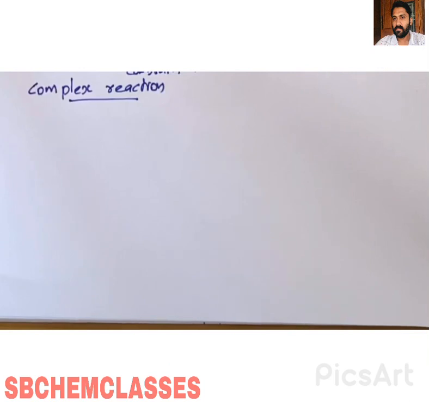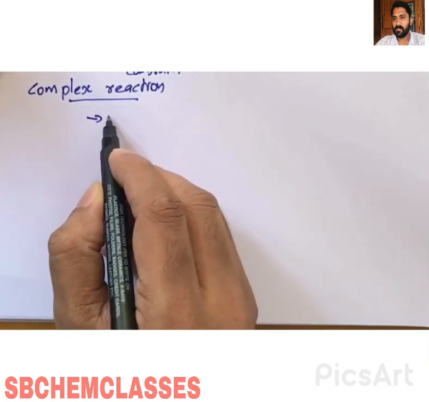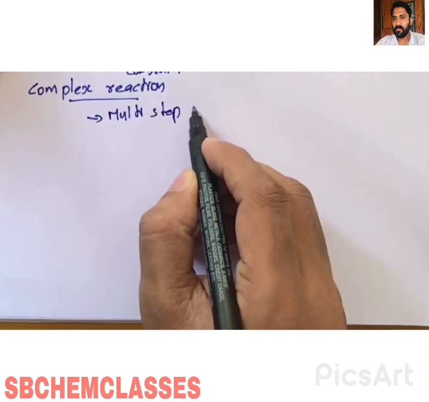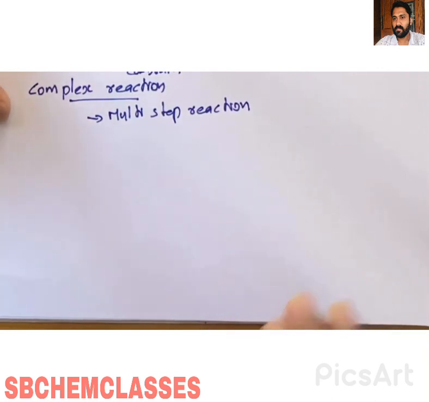Okay, now I am going to draw this same type of graph for a complex reaction. Complex reaction means a multi-step reaction, so the reaction involves more than one step.